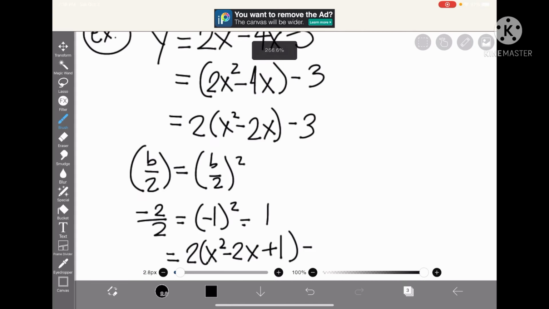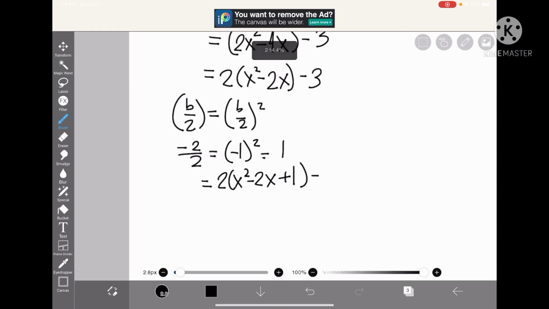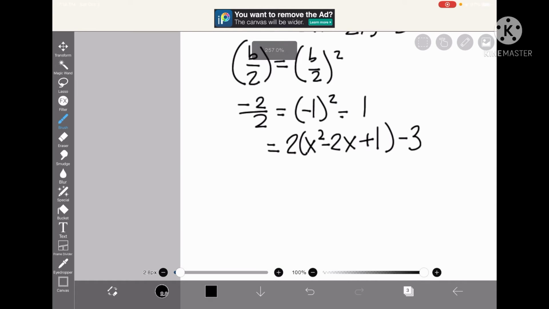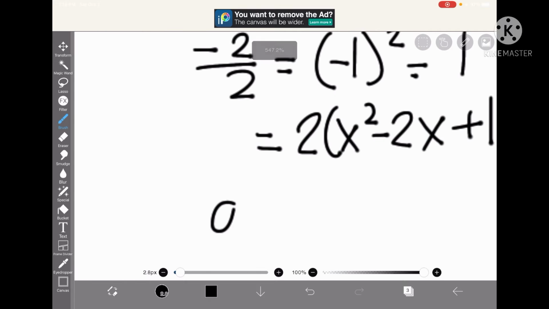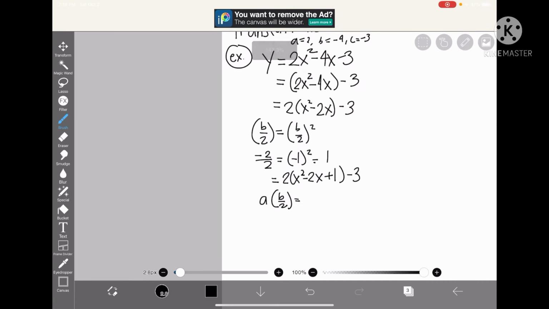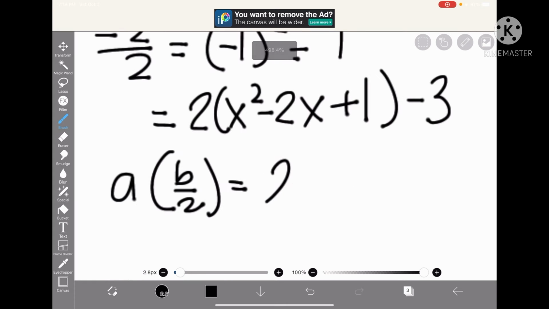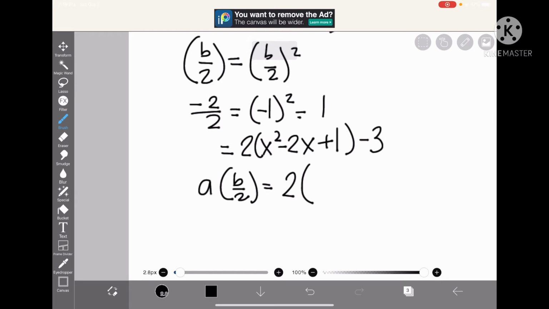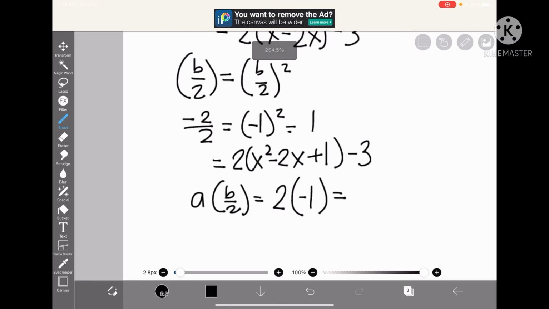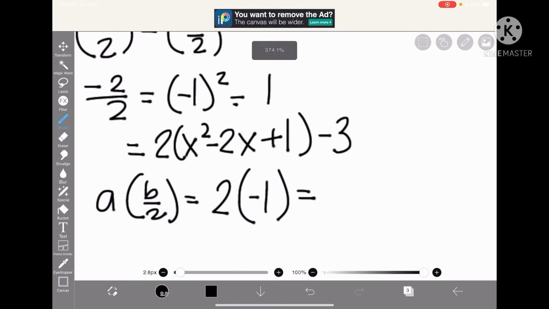In order to add a number beside the constant, or 3, we're going to multiply it by a times b over 2, which is, let's say in our equation, it's 2, right? So it's negative 1 since negative 2 over 2 is negative 1.